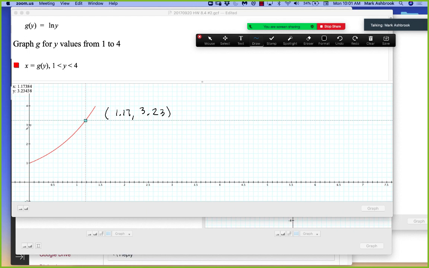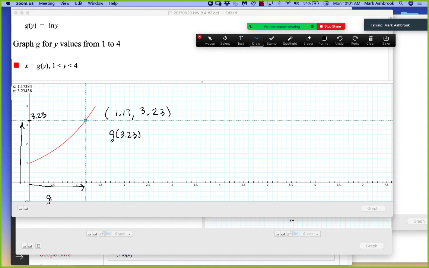Yeah, right. So our input is, so we start here. Input is 3.23. So given an input value of 3.23, now we're showing it on the y-axis. The resulting value of g of y is shown on the x-axis.